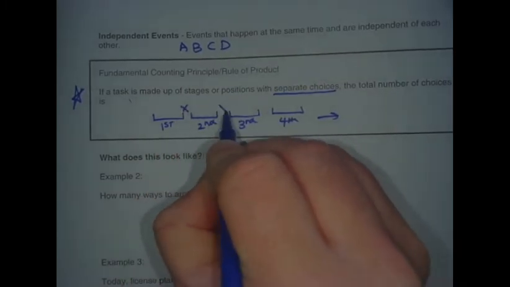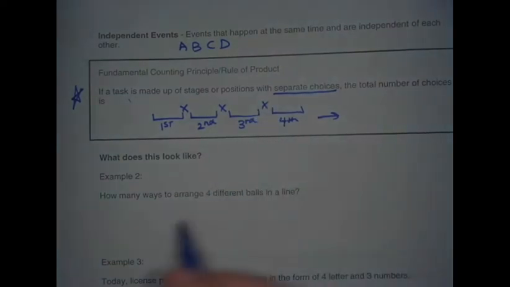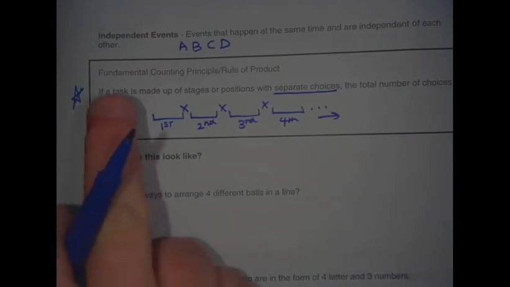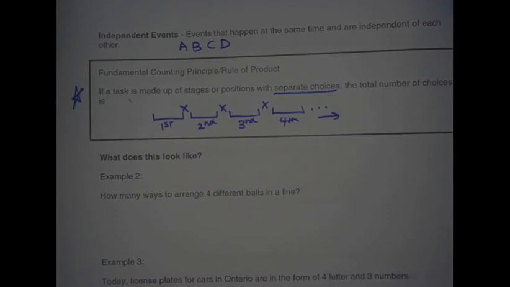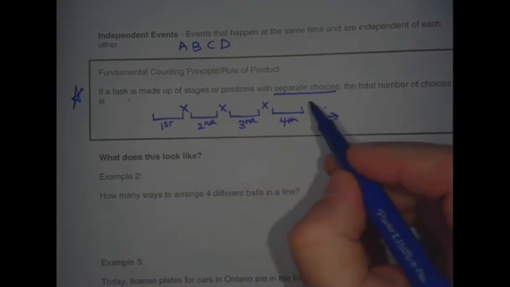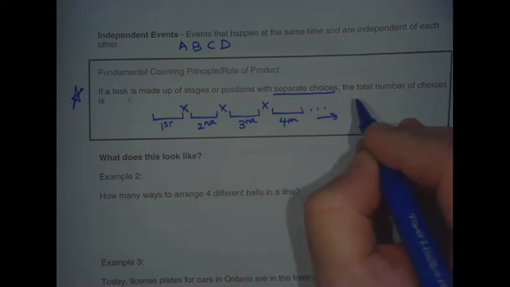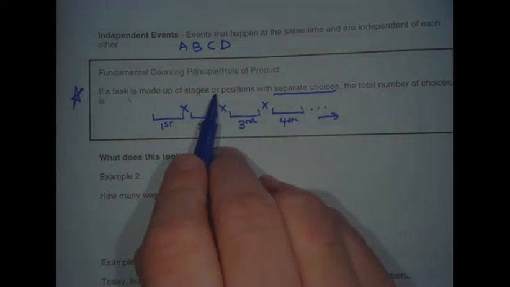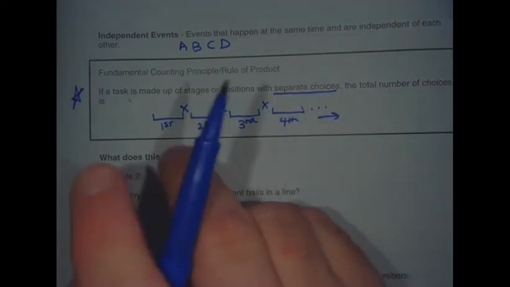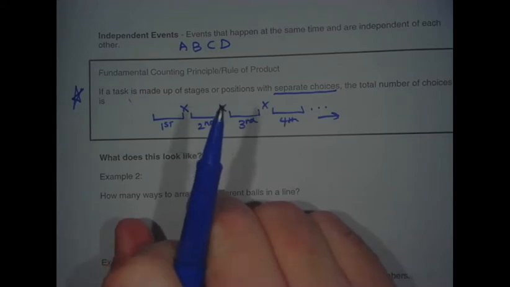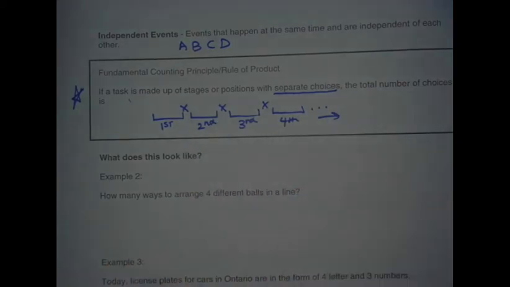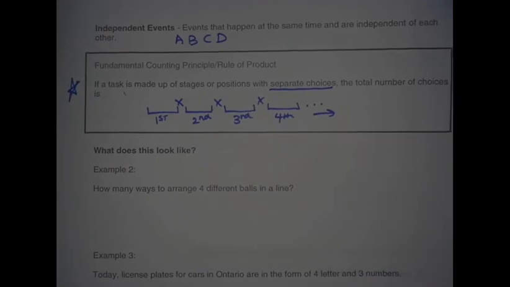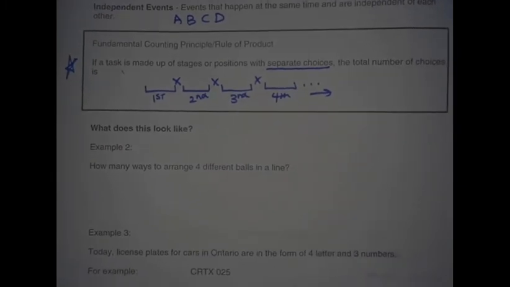And I could continue that on forever, depending on the choices that you make. So that's the first rule we look at. And for most problems, it will depend on how many spots can go into each stage or each position, and then you would multiply the results. So we're going to look at these quite a bit today as we move forward.